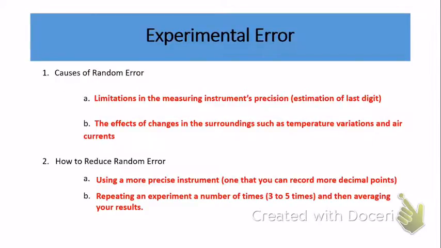All right, so what causes random errors? Well, we've already expressed the major one, and that's the limitations in the measuring instrument's precision, or the estimation of the last digit. But there are some other causes of random error that we have to think about, such as changes in the surroundings, like temperature variations and air currents. In our class, we are not going to concern ourselves much with temperature and air current variations.